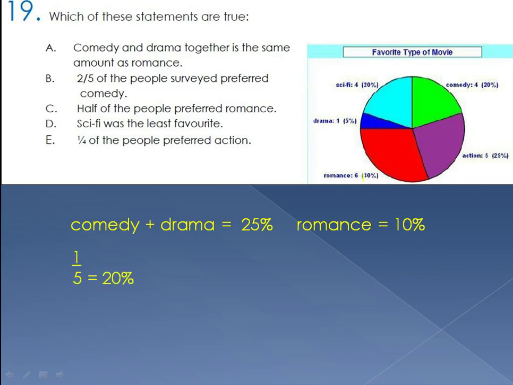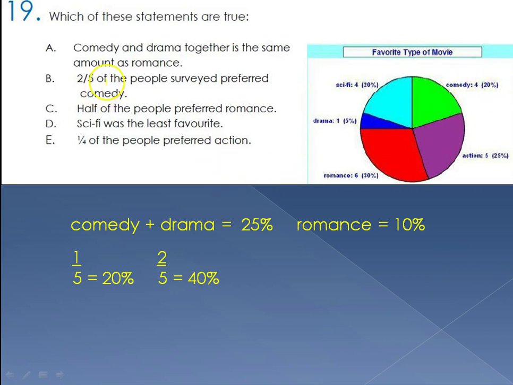The next one, B, is 2/5 of the people surveyed preferred comedy. 2/5. So as I said down here, 1/5 is 20%. 2/5 is 40%. So 40% of people surveyed prefer comedy. If you look up here, no, it's only 20%. So I would always change it.